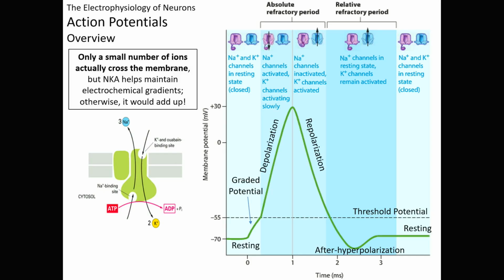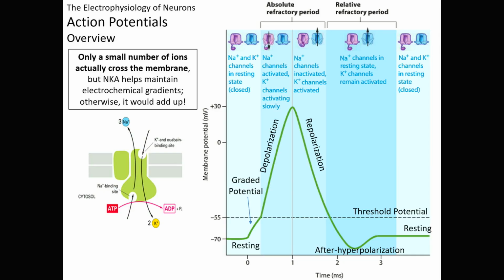Then although each individual action potential only involves a fairly small number of ions moving across the membrane, if you were to add that up over the course of all the action potentials happening in your nervous system, eventually a significant number of ions have actually moved across the membrane, and we need to get those ions back to where they started to help us maintain ion concentrations in our extracellular and intracellular fluids, to help us maintain certain specific equilibrium potentials and membrane potentials.